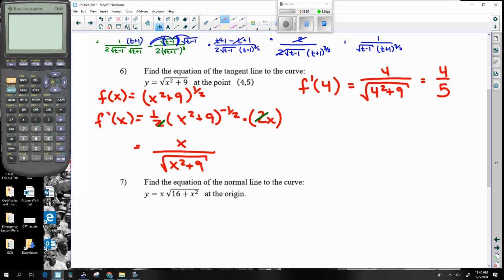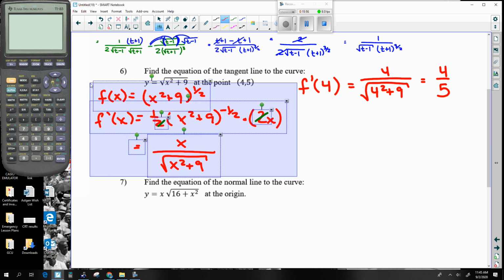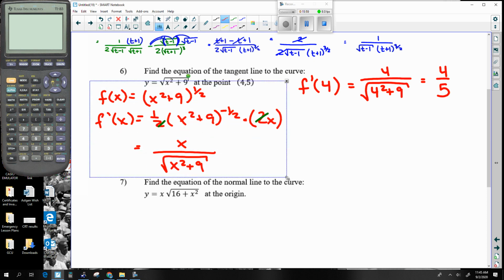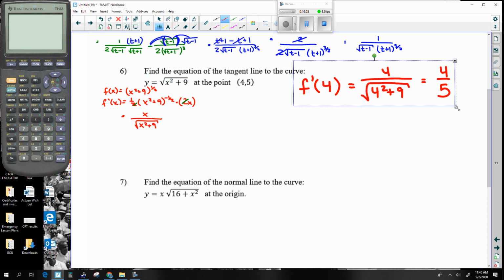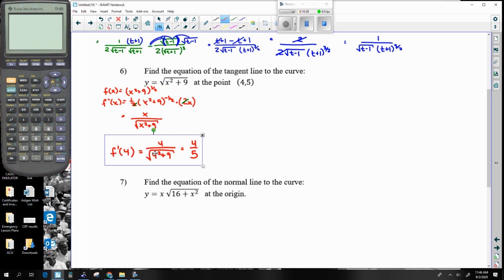So the slope of my tangent is 4/5, and it goes through the point 4, 5. It's just a coincidence, but that's what I have. So this is the slope of my tangent line. So again, the derivative is the slope.